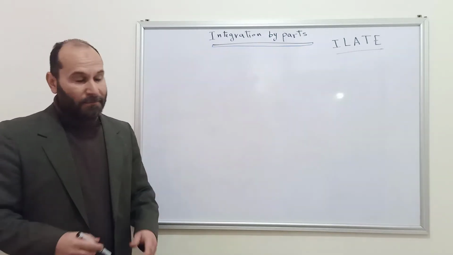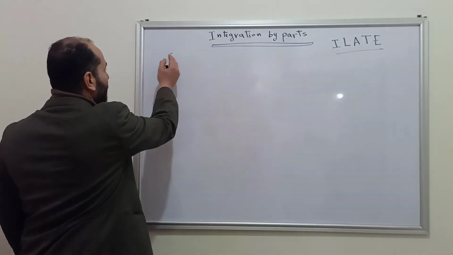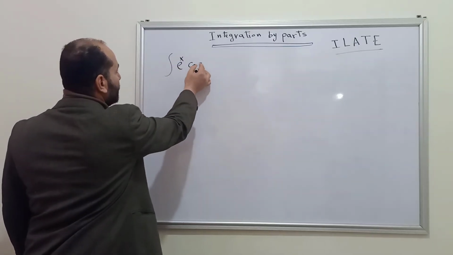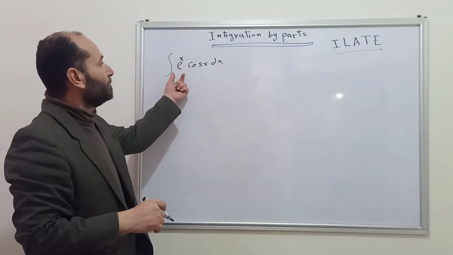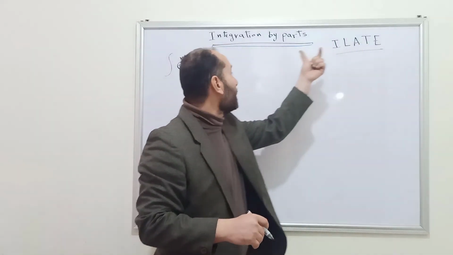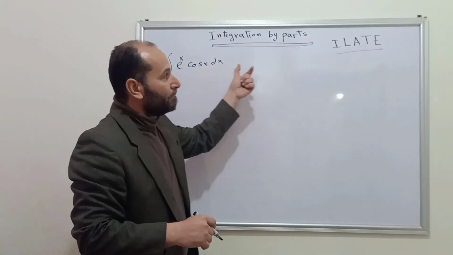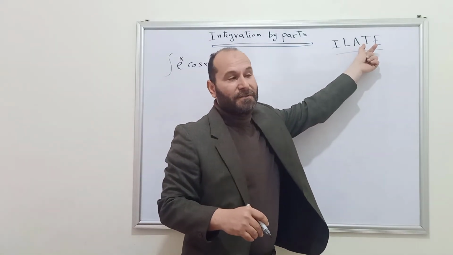Let us take another example. Integration e power x cosine x dx. E is exponential, the last one. Cosine is trigonometric, T here.